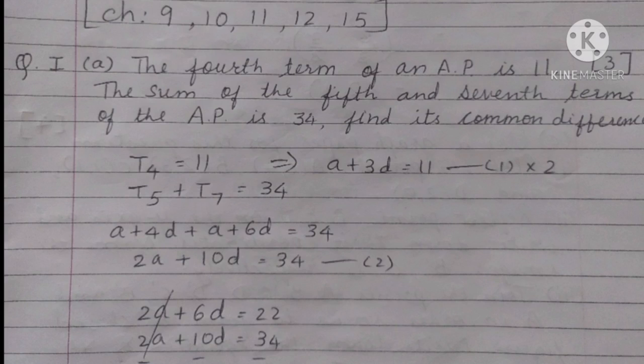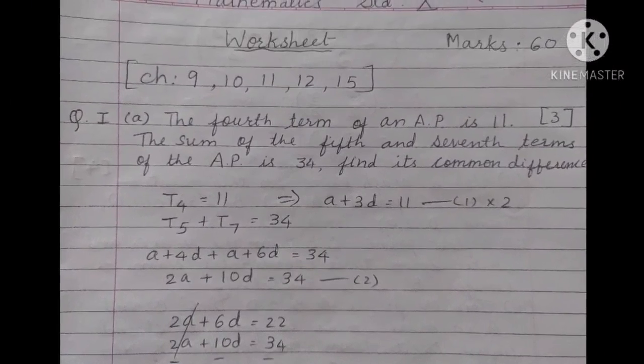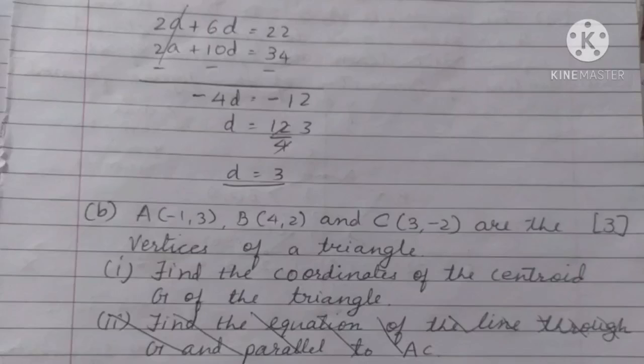So 2A gets cancelled here, and we get our solution of D. So here minus 4D is equal to minus 12, so D is equal to 12 divided by 4, that is 3. Answer first.